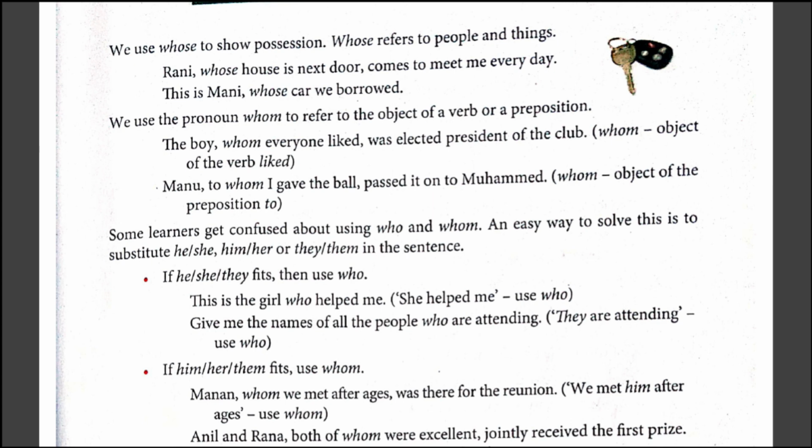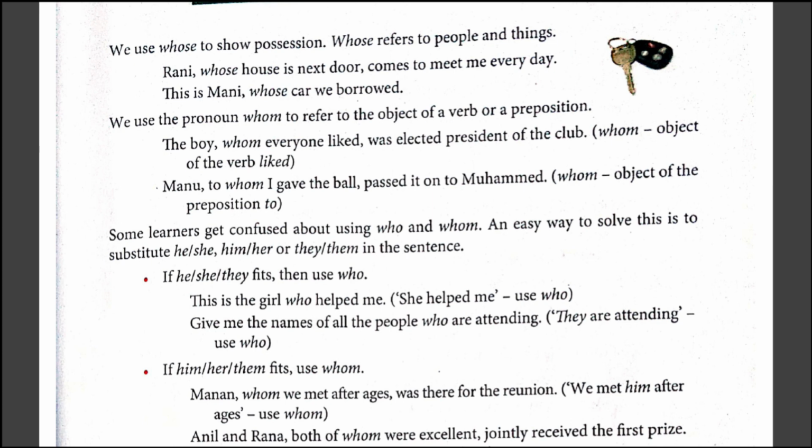So here, whom stands for boy. Next one, Manu, to whom I gave the ball, passed it on to Muhammad. So again, whom is the object of the preposition to. So here before whom, to will come. You have to learn that for the exam. Some learners get confused about using who and whom.